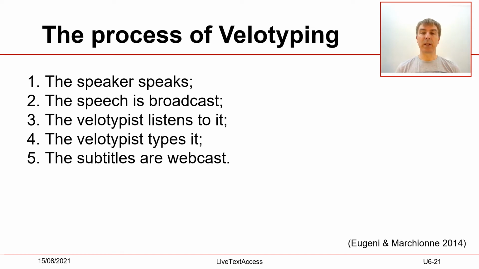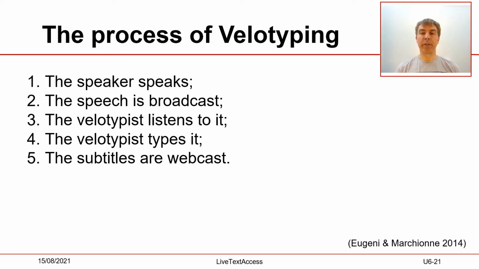Then the audio text is broadcast. Step 2. Here again, broadcasting has an influence on the final product, because depending on when and where the video to be subtitled is broadcast, subtitles will be more or less delayed. We will see this later in the module.